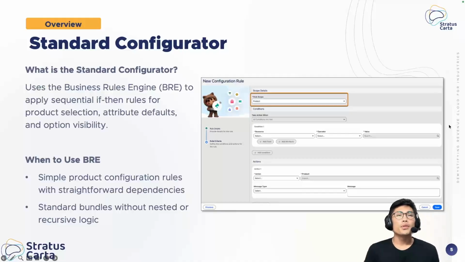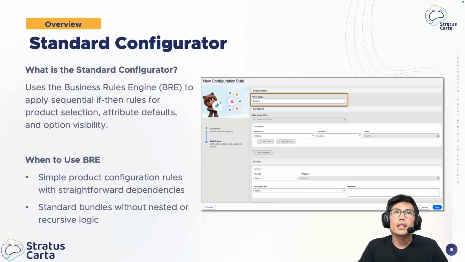So Standard Configurator, its main use case is if you want to apply sequential if-then rules for product selection, attribute defaults, and option visibility. Of course, before you're able to do this, there's a pre-configuration step, and you have to choose Standard Configurator.